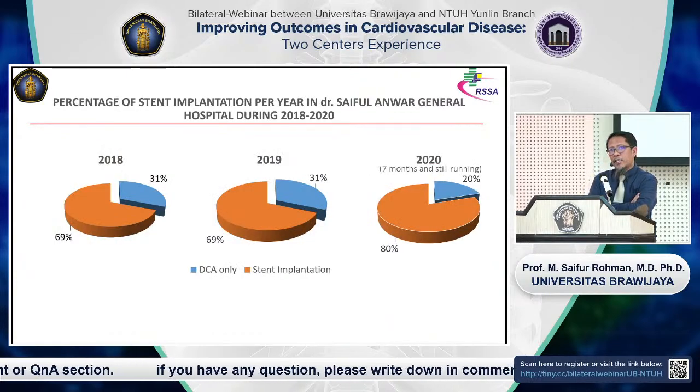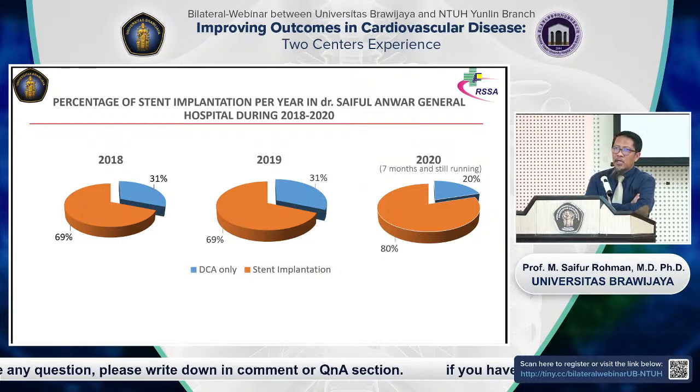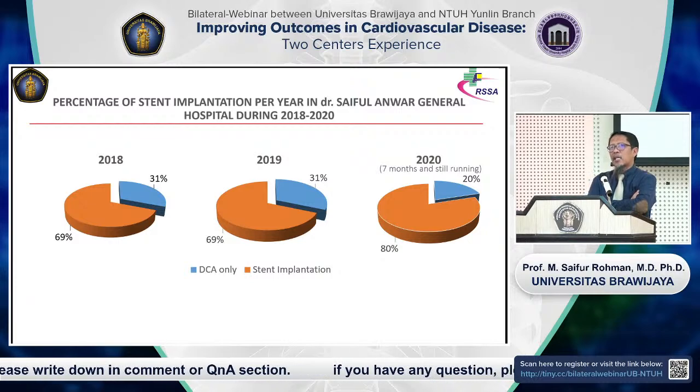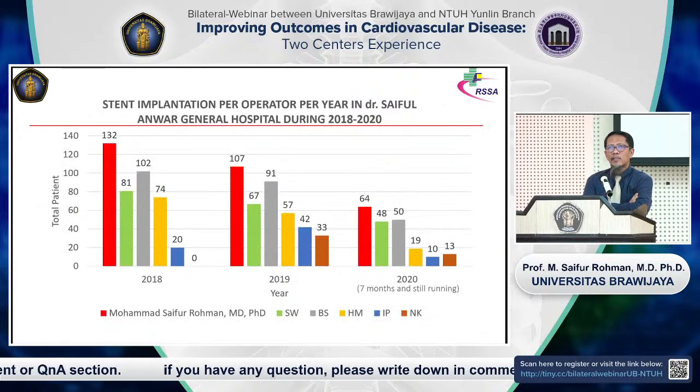Here we can see 80% of the procedures were stent implantation, PCI. Of course, also CABG, because the patient candidates for CABG have been performed in our hospital starting from 2 years ago.